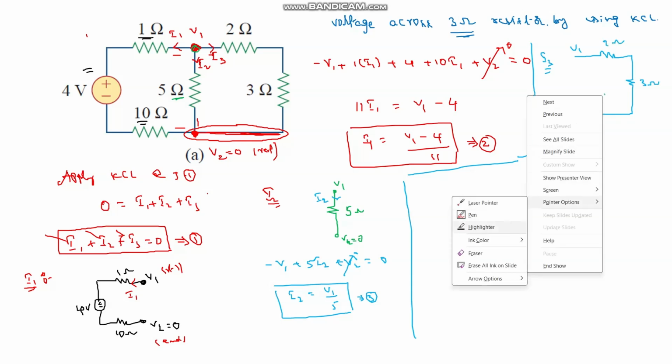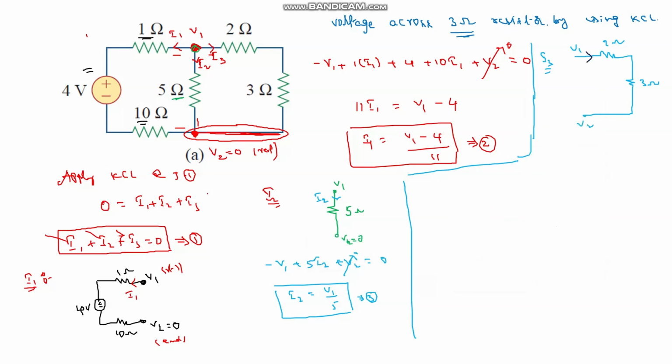And the current direction is like this. So this is I3. Now apply KVL: minus V1 plus 2 I3 plus 3 I3 plus V2 is equal to 0. Here V2 is equal to 0, then I3 is equal to V1 by 5. This is equation number 4.